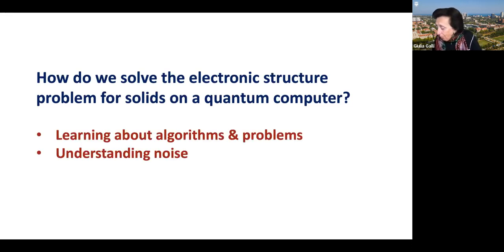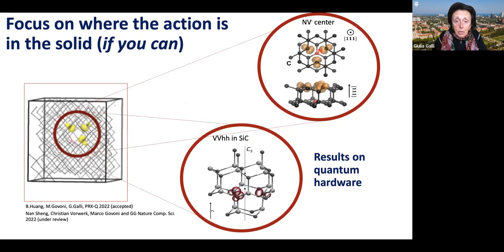Okay, so how do you do that? The answer is focus on where the action is in the solid, if you can. So let me try to explain what I mean. There are problems, like for example, spin defects in a solid. So you have a solid, say diamond, and you generate a defect.